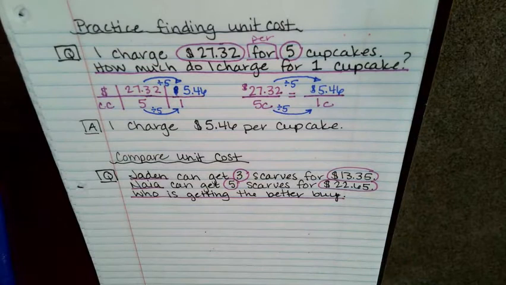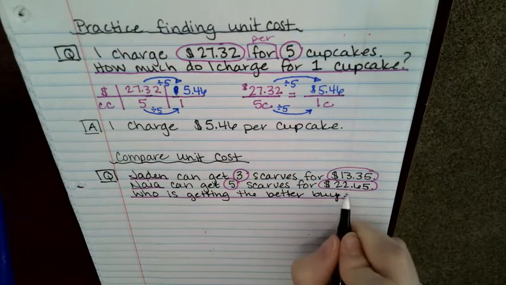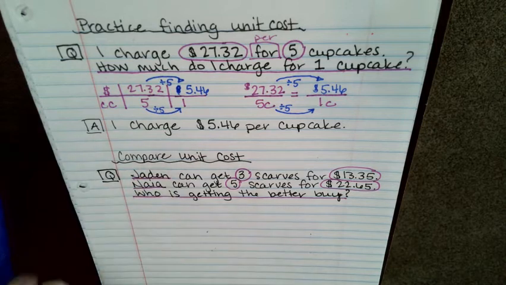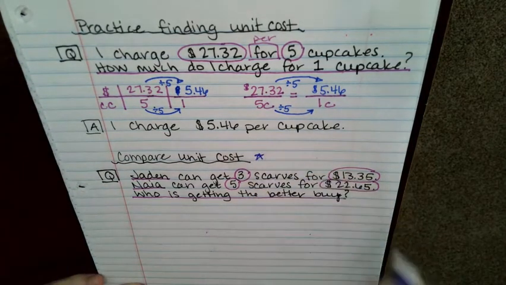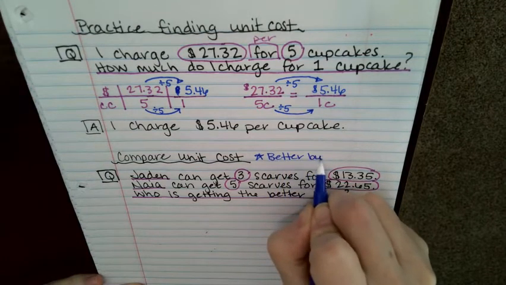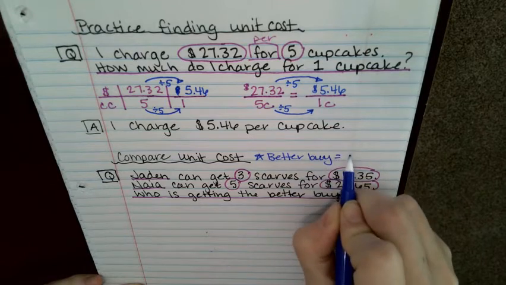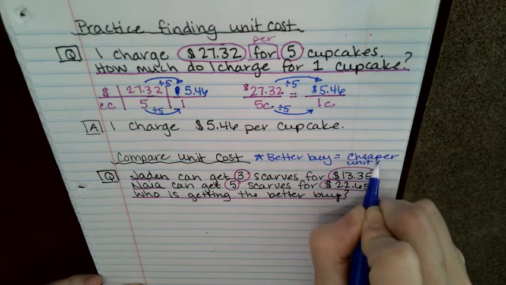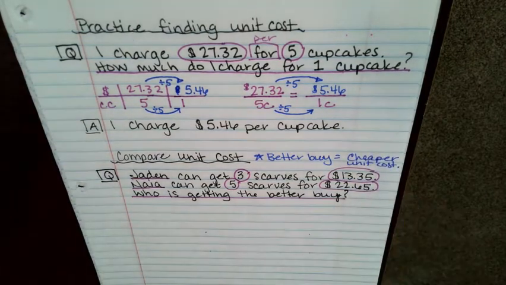So basically what we're saying is, if you want to know who's getting the better buy, you got to find the unit rate. Okay, so compare unit cost, put a star. Okay, better buy equals cheaper unit cost.